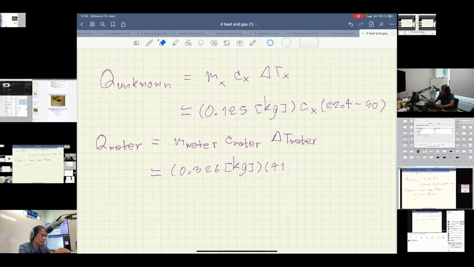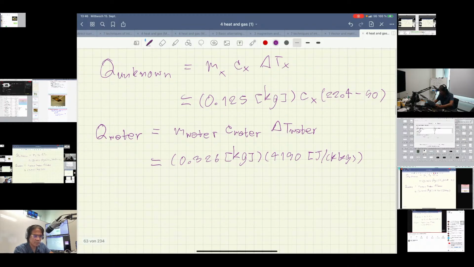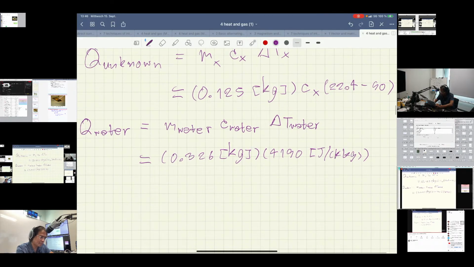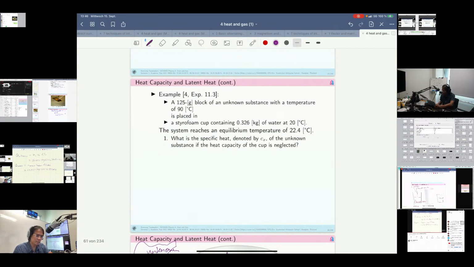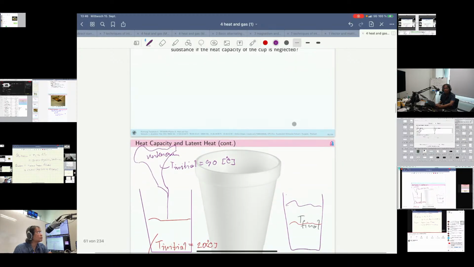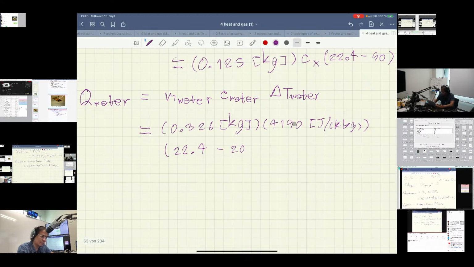The unit for it is going to be joule per kilogram Kelvin. And delta T for this one is the final temperature, which is 22.4, and the initial temperature is 20 degrees, I think. Yeah, 20 degrees here. All right, so we have the differences like that.